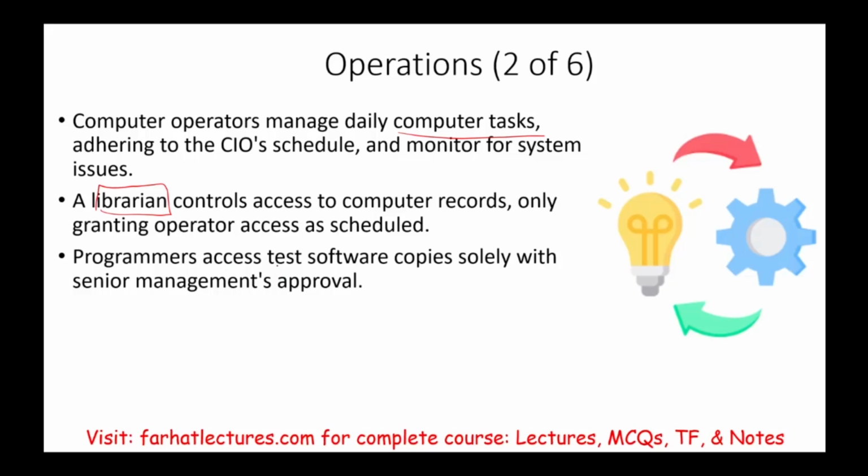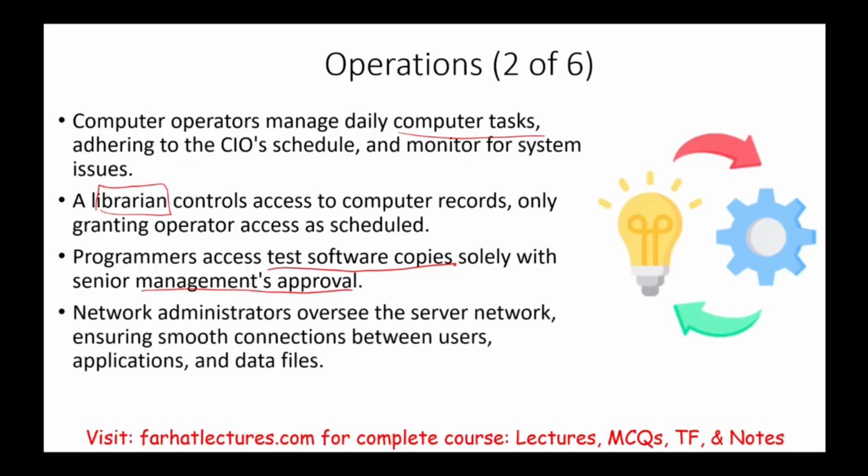Then we have the programmers. They can access test software copies only with senior management approval, because you don't want the programmers accessing live software because they can make changes to their own benefit. Network administrator oversees the server's network, ensuring smooth connection between users, applications, and data files. So the network is important because it connects everything together.